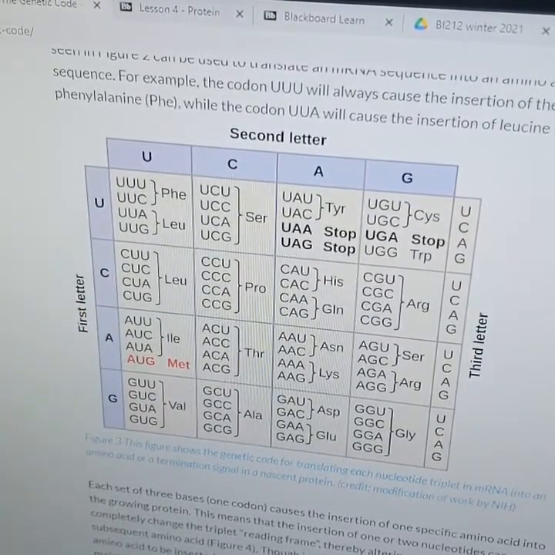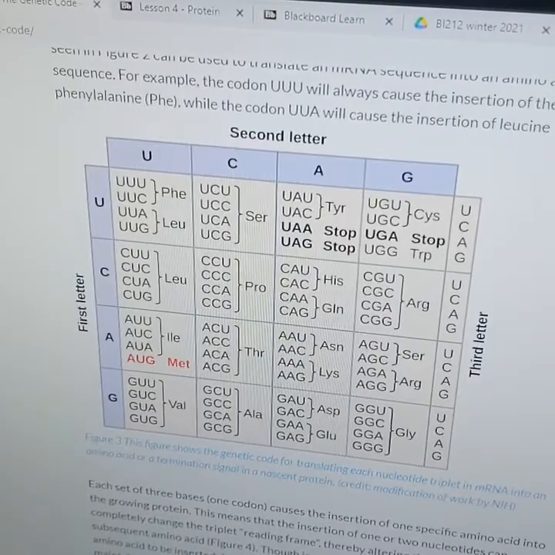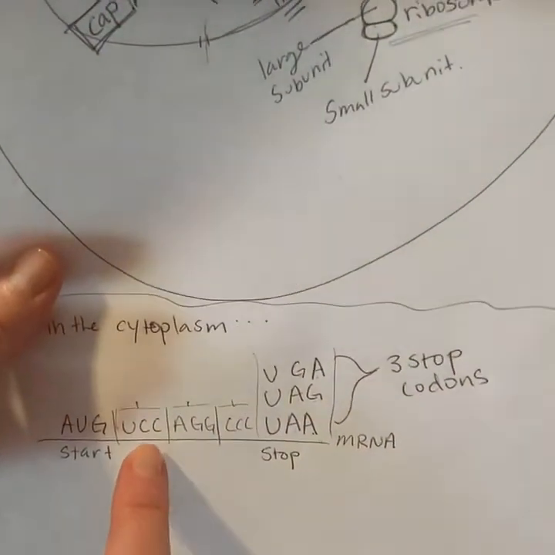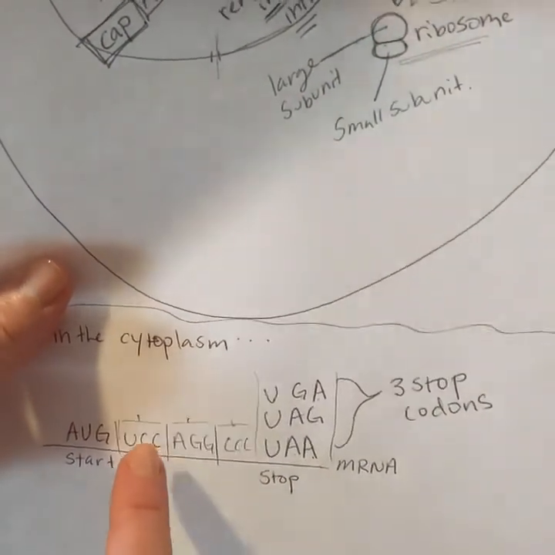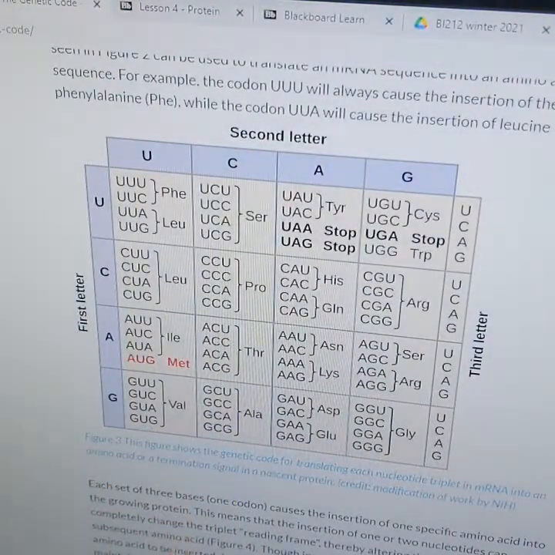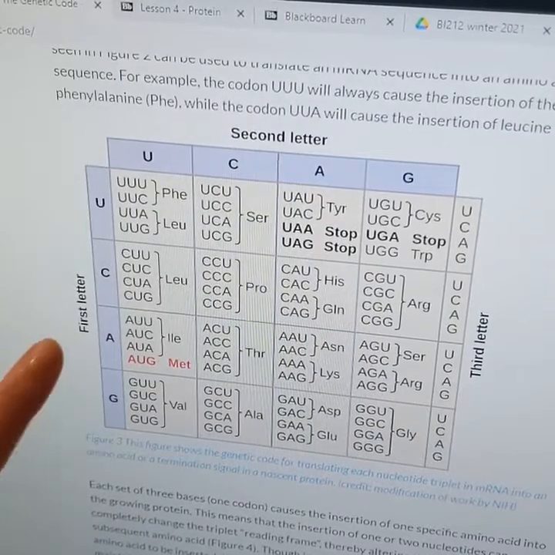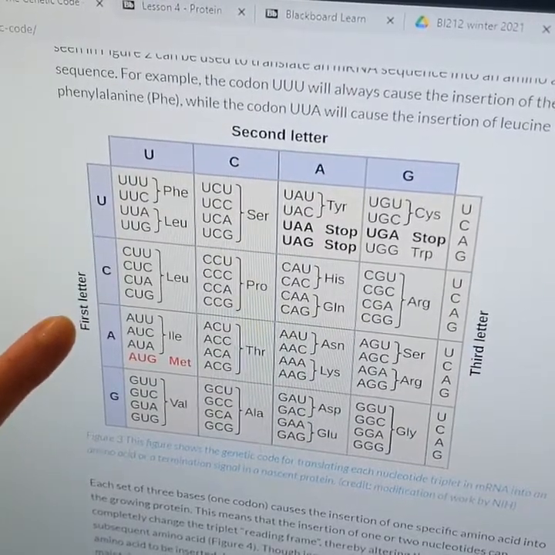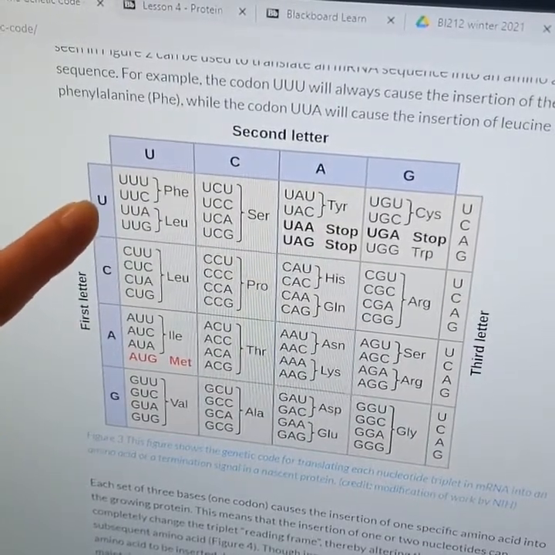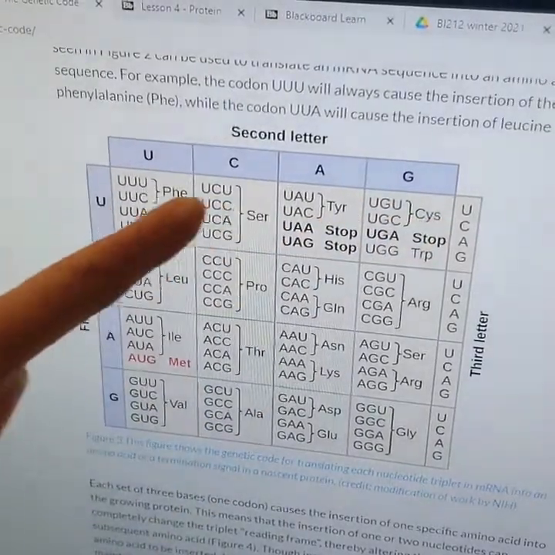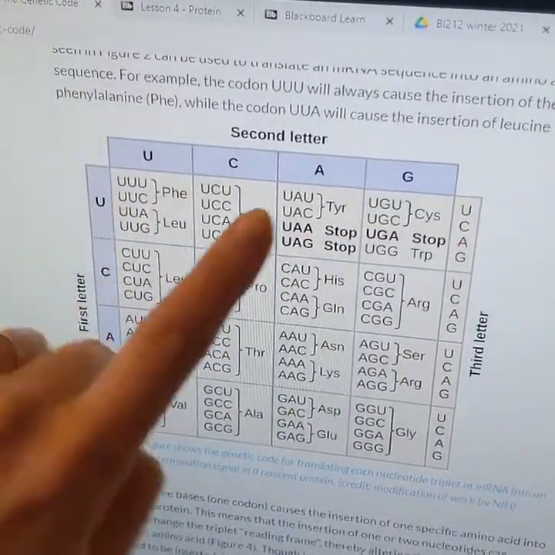In our drawing that we just did, we had a codon of UCC. So we want to use this chart and figure out what amino acid UCC stands for. We look at the first letter. Our first letter is U, so we're going to be in this row here. Then we look for the second letter.